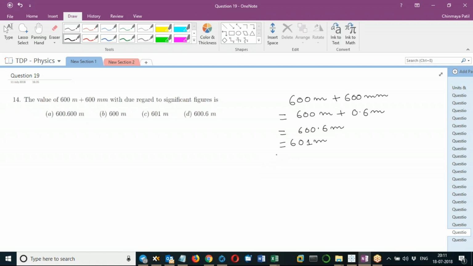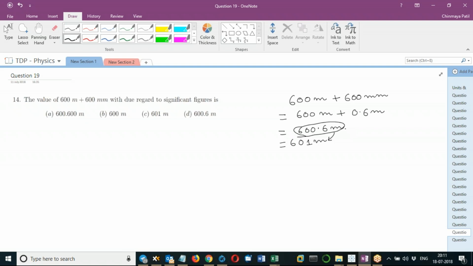Despite that, if you look at option D, it is exactly matching the result you obtained. This is the result we obtained, right? 600.6 meter. After that we rounded up to 601 because that is the principle of rounding off, that I repeat: the result should have those decimal points which has the minimum decimal points in the given values.